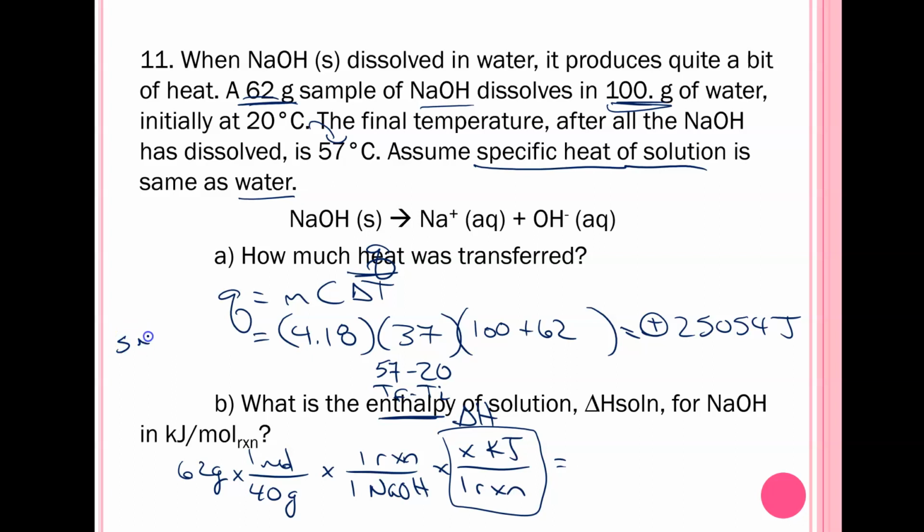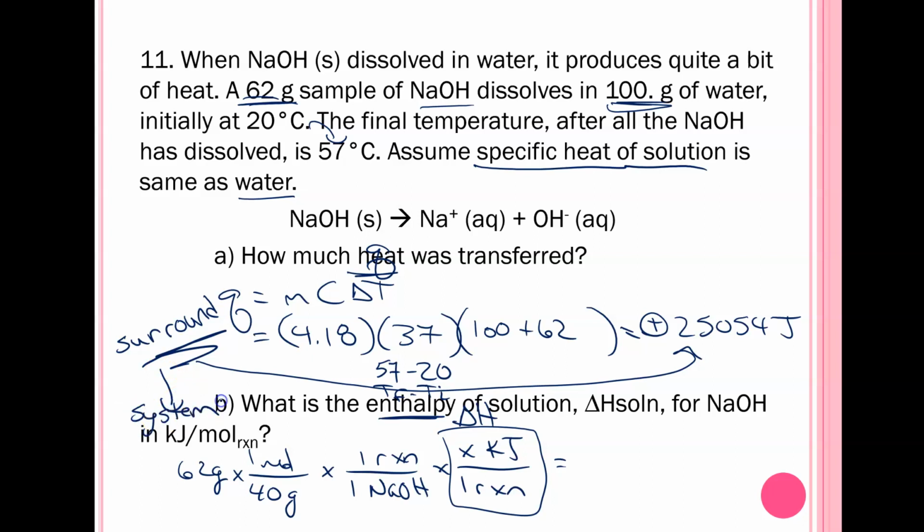If this is my surroundings, where I made those measurements, they took in heat. Their temperature went up. That means the system is going to have the opposite sign. It's going to be negative 25054 joules or negative 25 kilojoules.